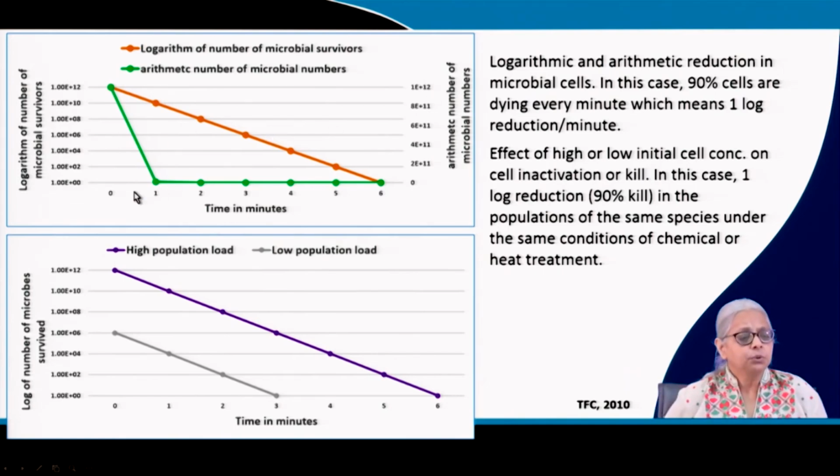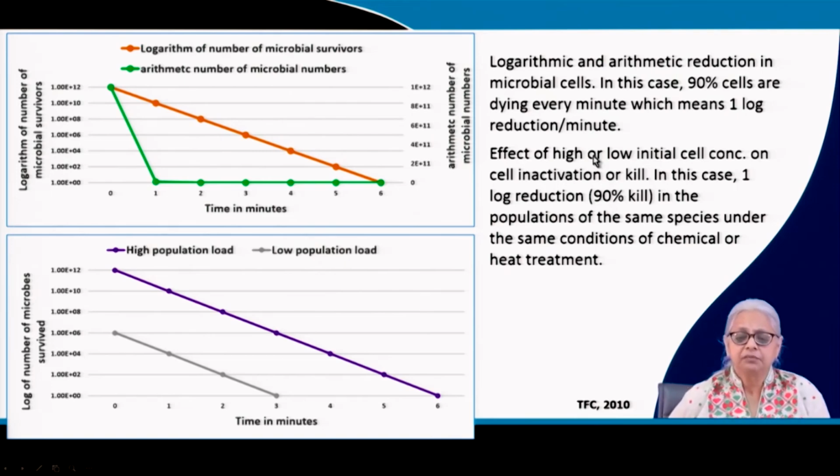Okay, so what you see over here is a logarithm of the number of microbial survivors, and on a log scale you see the orange line. So on a log scale, this is log linear, time is in minutes, it's a linear scale, and the y-axis is a log scale. So you have a straight line. If you were to do it in terms of arithmetic numbers, you would get exponential decay, and that is what you see with the green line.